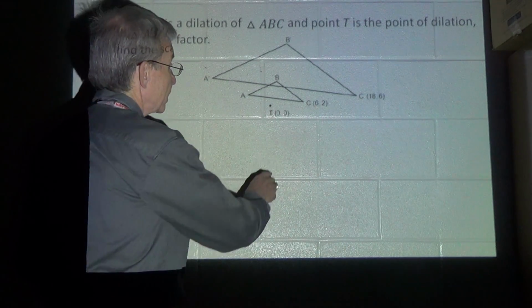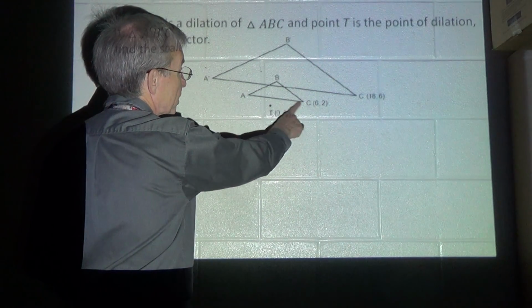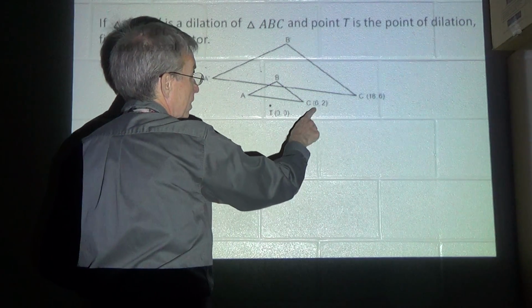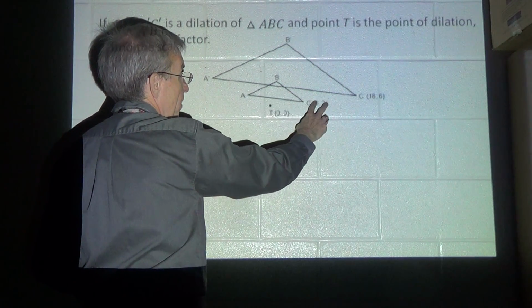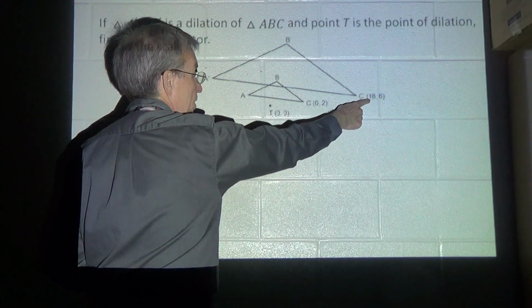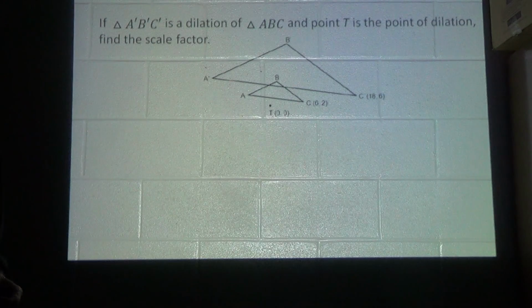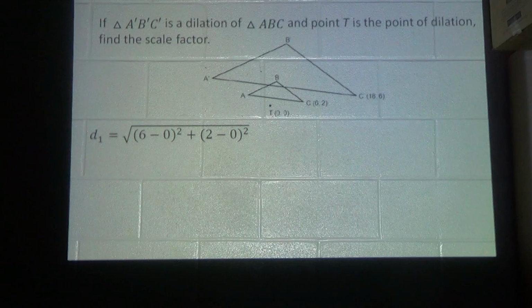Since we know that this is 6, 2, and we know this is 18, 6, then since this is 0, 0, we can simply compare these together. So 6 to 18, we have to multiply 6 by 3 to get 18, and if we multiply 2 by 3, we get 6 also, which gives us the other point.